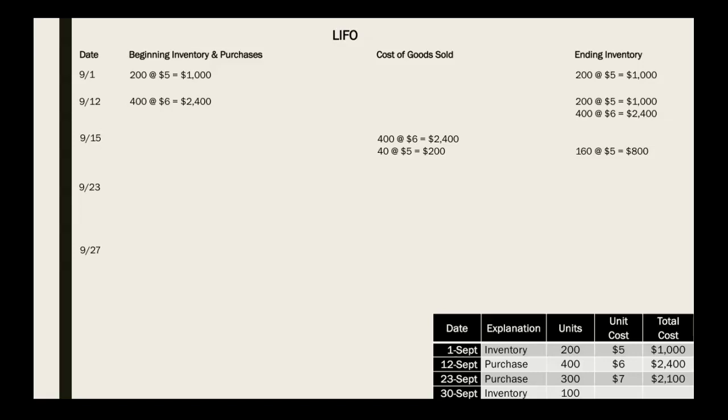Now we had 400 units at $6 a piece, but we sold every single one of those. So that's why we don't have any units left at $6 a piece. Now on the 23rd, we made another purchase. We purchased 300 units at $7 a piece. So we write that over in our purchases column, and we write that in our ending inventory column.